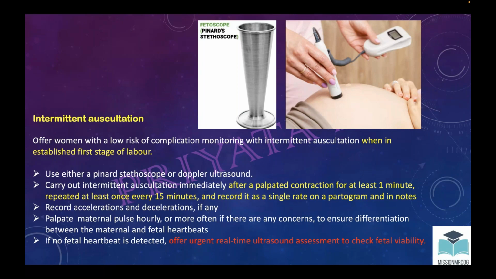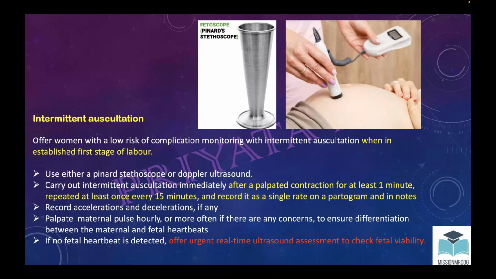Sometimes your instrument is not working well, sometimes you are unable to hear, or sometimes the patient is obese or has polyhydramnios, and there is a possibility that you will not be able to listen with the Pinard or Doppler. In that situation, if you are not getting it, please arrange a bedside scan or urgent real time ultrasound assessment. This may come in your question.